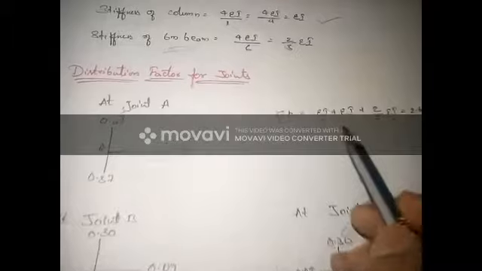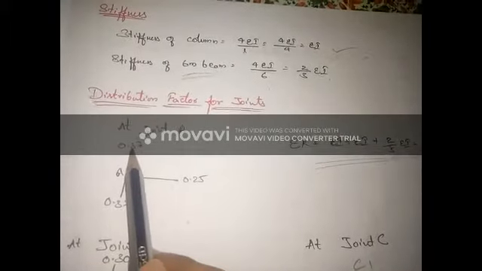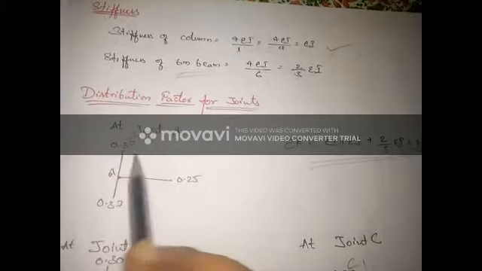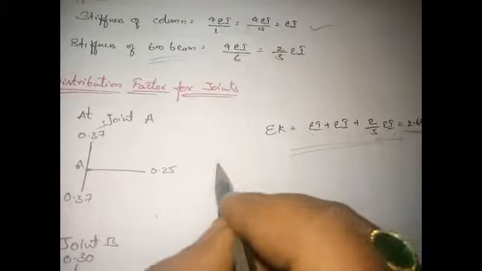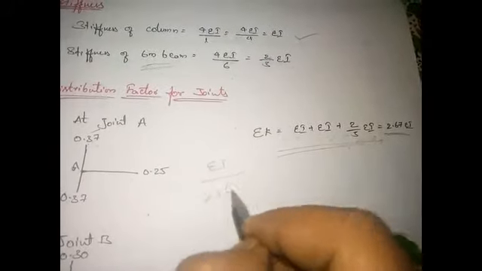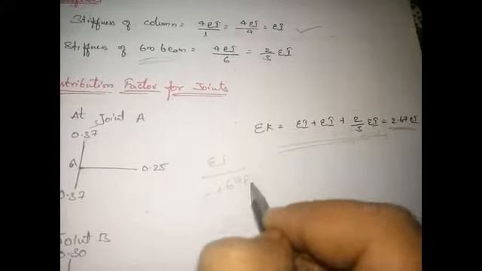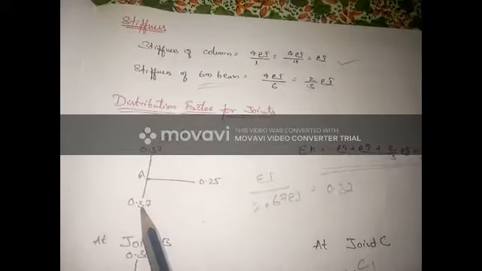Next, after calculating the sum of stiffnesses, we'll come to the stiffness with respect to each member. So if we go for A and E, the stiffness is EI by 2.67 EI. So this becomes 0.37. Similarly, it is the same for the other column as well.